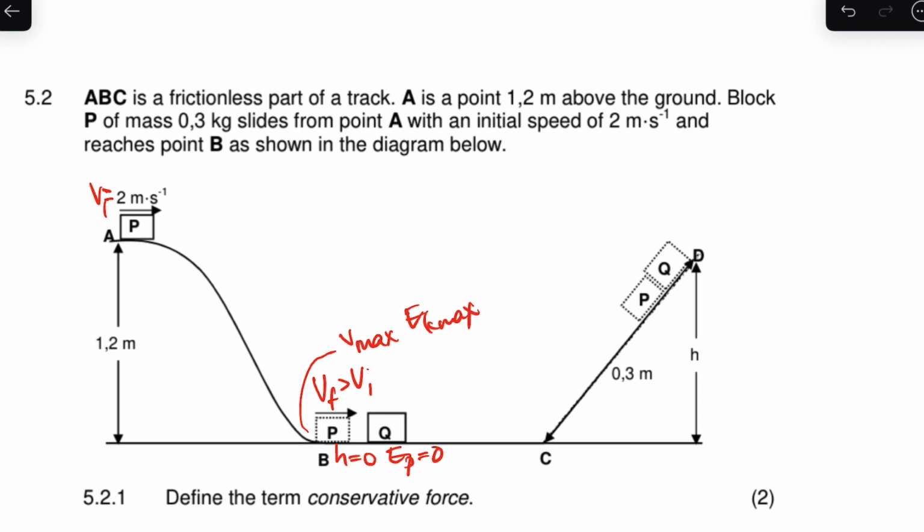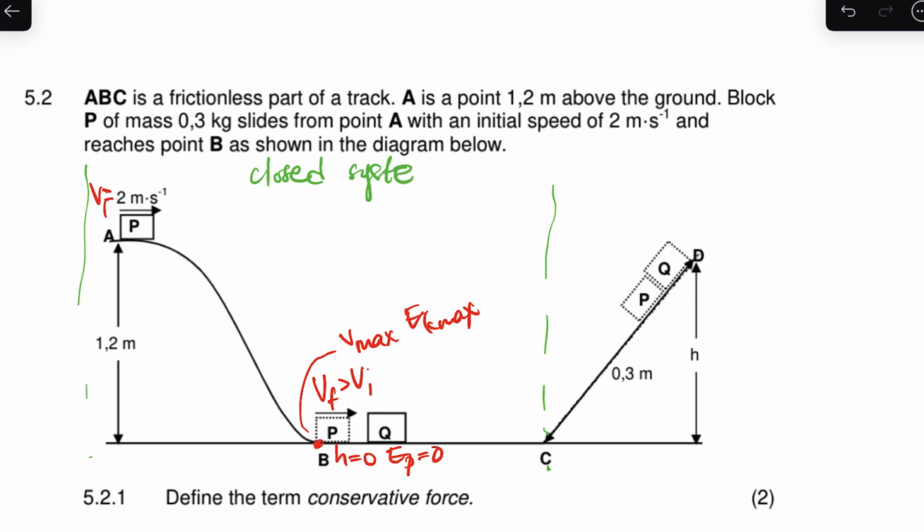Right, 5.2, it says calculate the speed of block P at point B. So we want the speed of this object as it reaches this point. Guys, here at this track ABC, there's no non-conservative force, so I'll say this is a closed system.